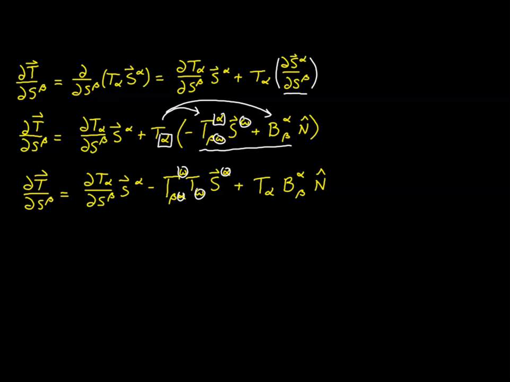Okay, so that lets us now define the surface covariant derivative for a covariant vector component.